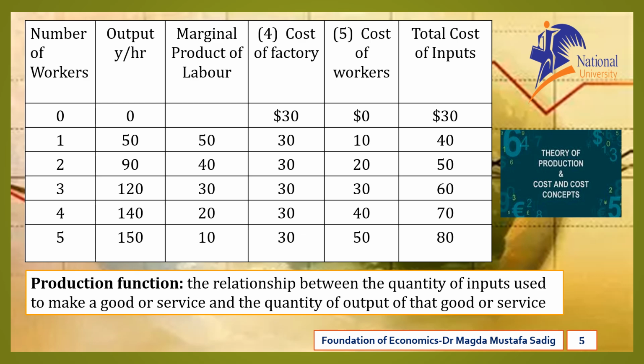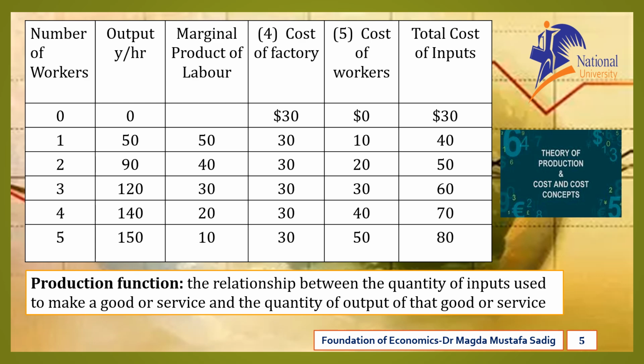Let us look at this table where we have the number of workers, output per hour, marginal product of labor, cost of factory, cost of workers, and total cost of inputs.